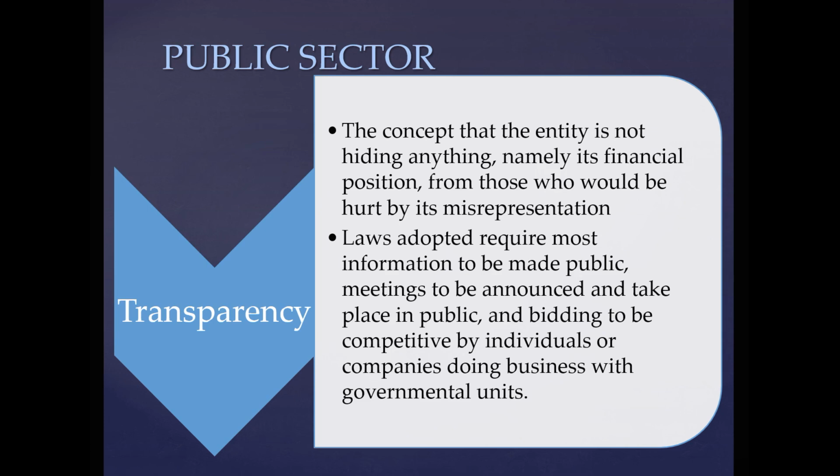So, for example, if the government is deciding to make a new recreation center, they have to have transparency in that they have to make it a public competition as to who's going to get the contract, like the construction company, to actually make the building. So that's publicly announced. It even has to go in the newspaper. There are rules about where it has to be advertised.